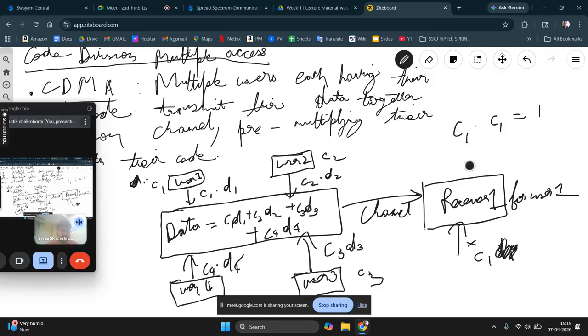So C1 dot C1D1, plus C1 dot C2, will be 0. Similarly, C1 dot C3 will be 0. So C1, C2, C3, C4 should be orthonormal.